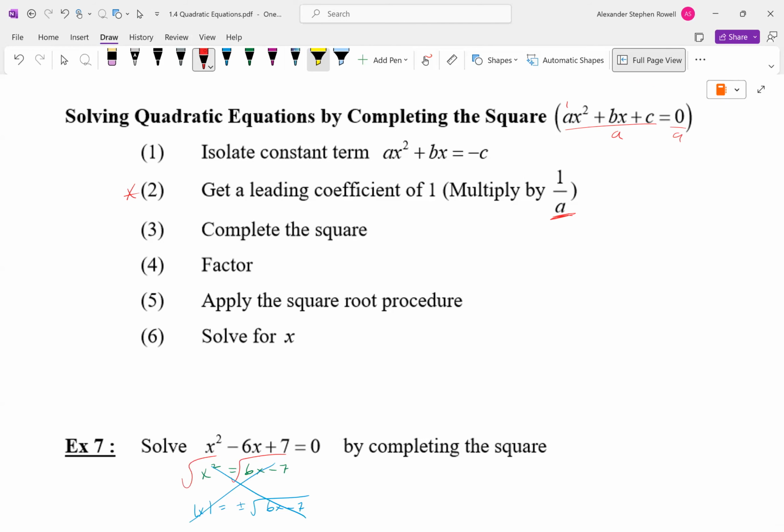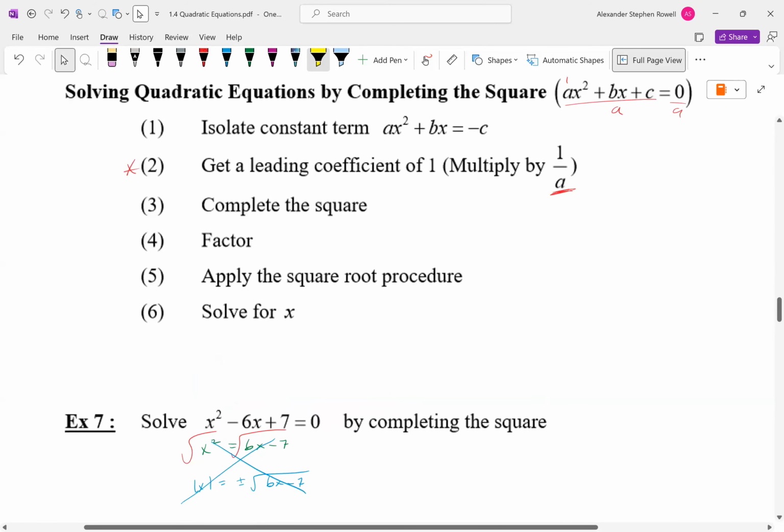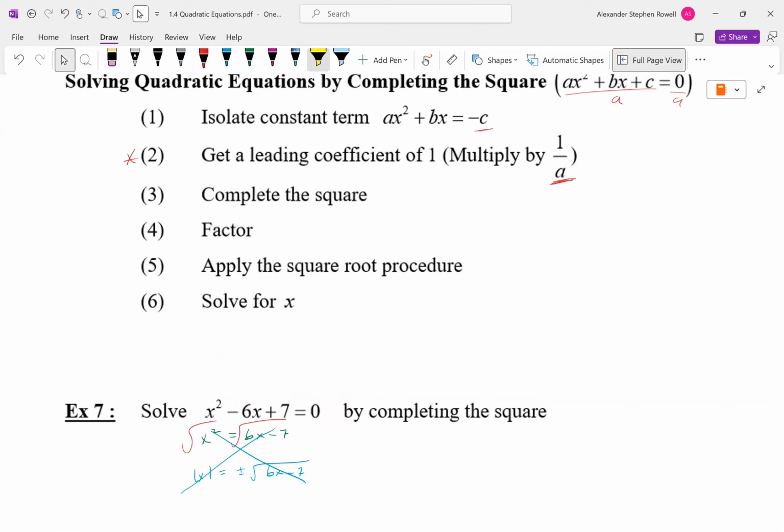And our formula will work. Okay, so we're going to move the constant over, divide by a, and then we will come up with that magic number by completing the square. And then we'll just do the square root property as we've done in the past.